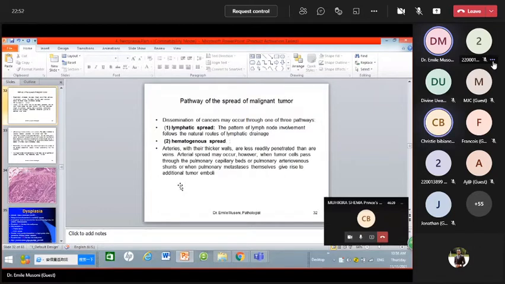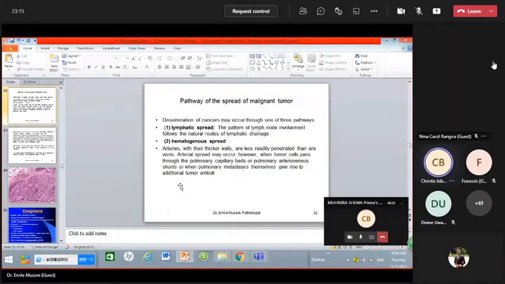I was asking, is the pulmonary capillary bed the only means of transport? The tumor cells cannot pass through other capillary beds and go through arteries.